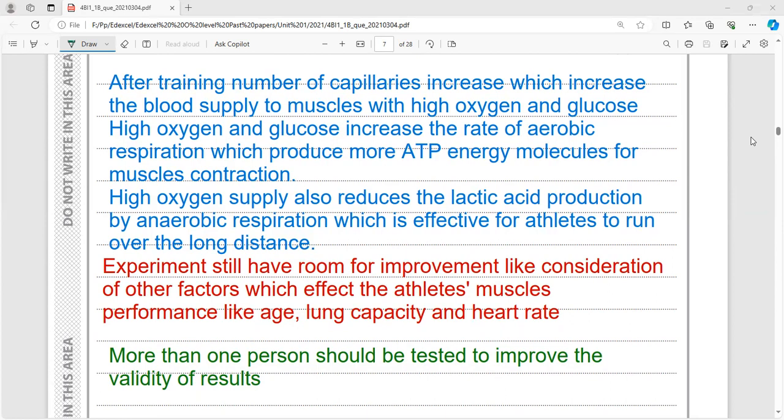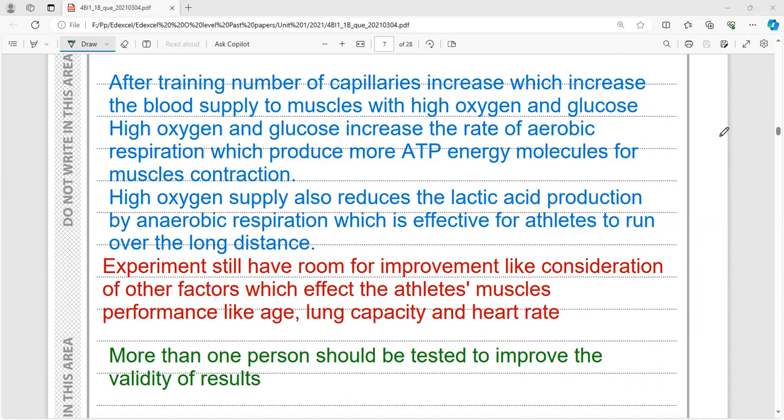So we should also consider these factors, and more than one person should be tested to improve the validity of the results. If you take different ages of people, and if you increase the number of people here, the result will be more valid and more applicable to a wide range of people.